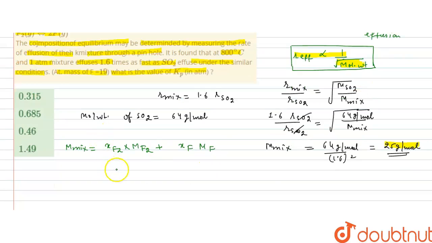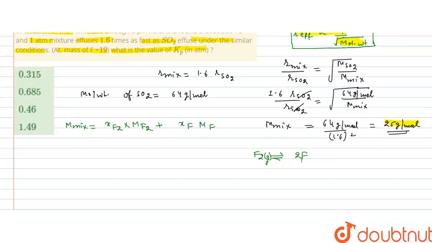Now we have the equilibrium as F2 gas forms 2F. If we say the mole fraction of F2 is x, then for F it will be 1 minus x, because the mole fractions of the two constituents add up to 1. Now we have the molecular mass of the mixture as 25 gram per mole, and the mole fractions are x and 1 minus x, so we can calculate the value of x from here.